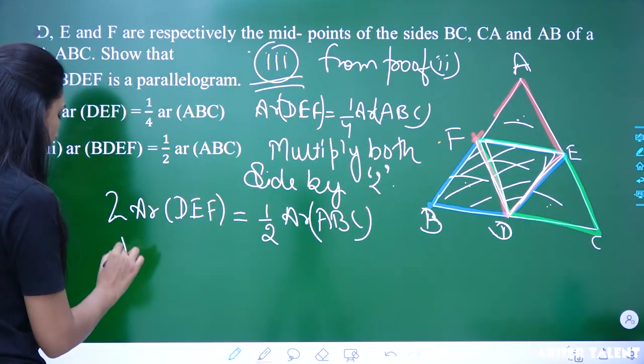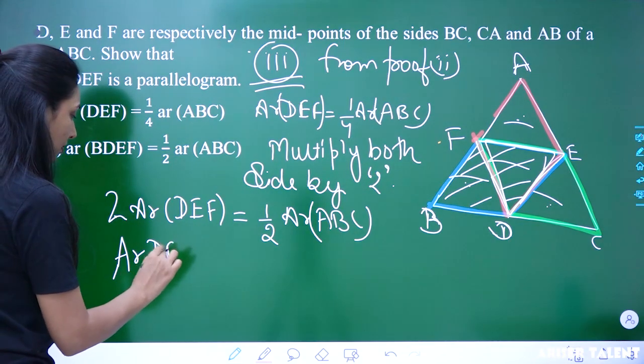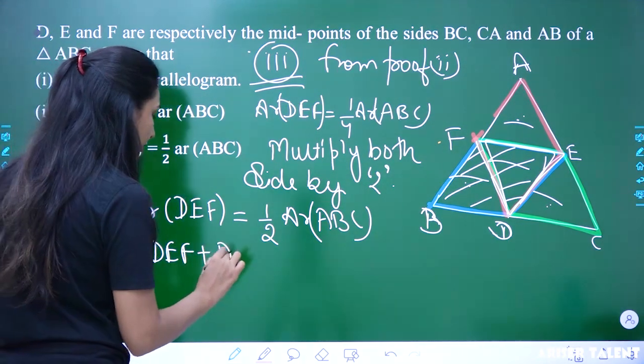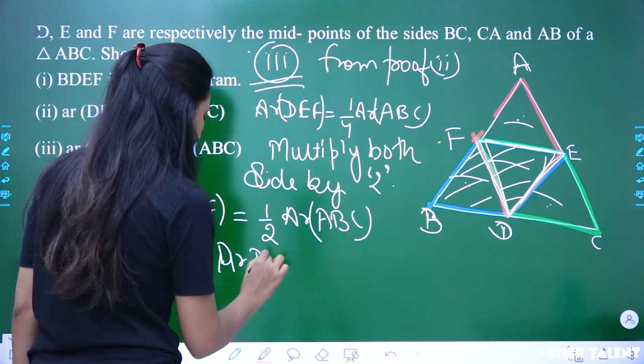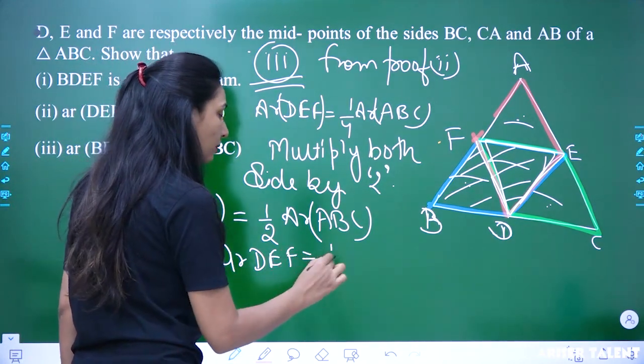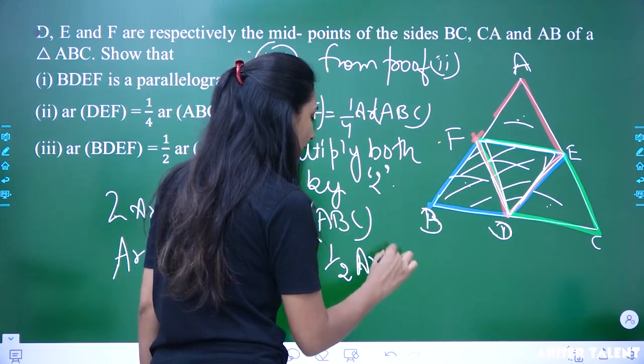Now area DEF plus area DEF is equal to half area ABC. You can write it like that also.